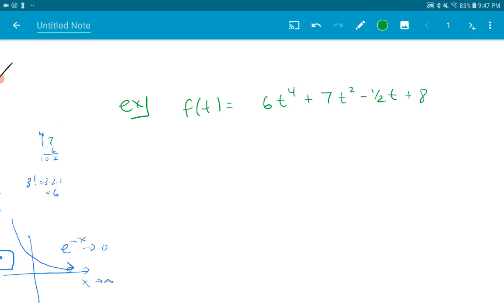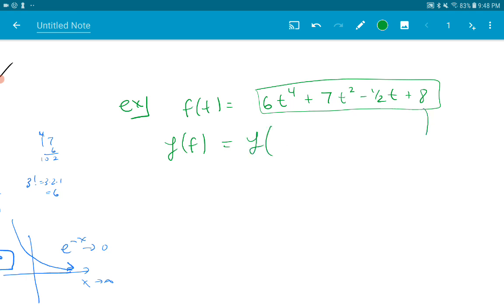If I want to know the Laplace transform of f, I don't have to put this entire function into my integral and redo it. I can simply use those properties to say this is immediately the Laplace transform of this whole thing, 6t to the fourth plus 7t squared minus 1/2 t plus 8.